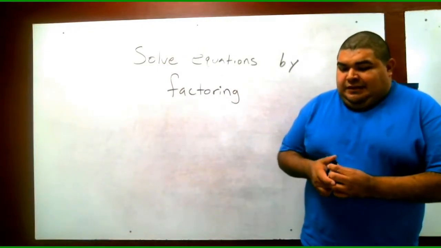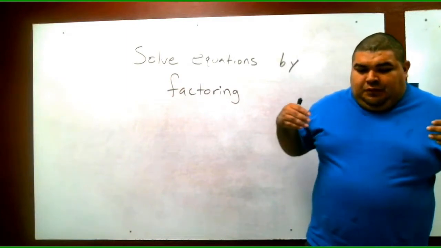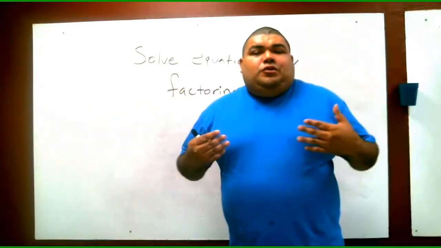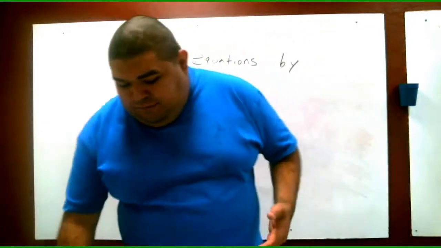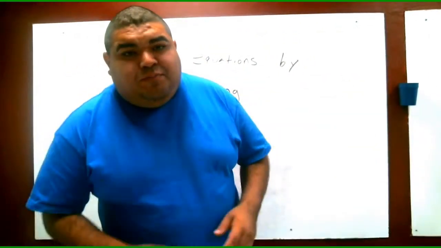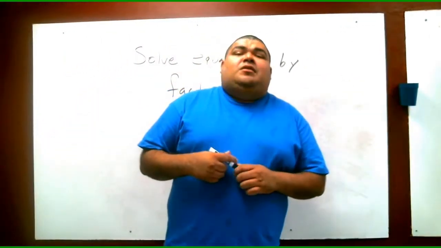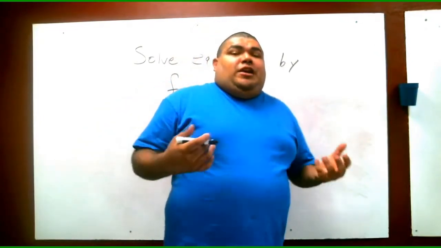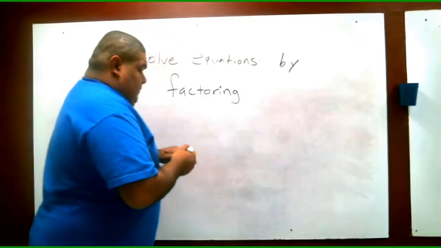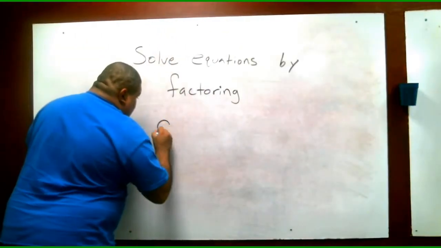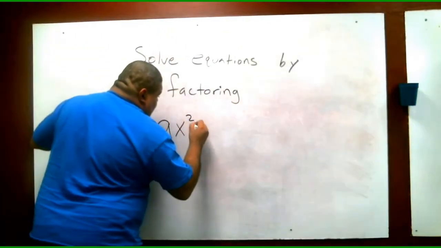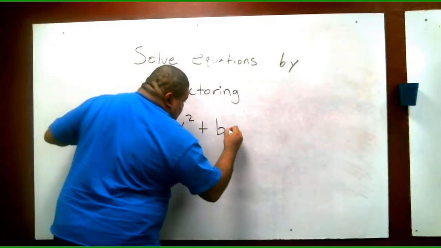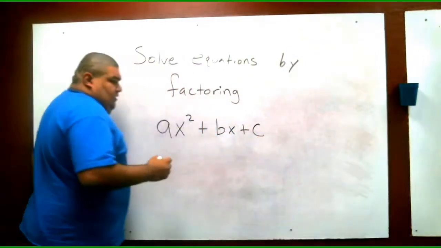What this means is we've seen quadratics before in this class. Okay, we haven't really broken them down as much. All you have to know is that usually quadratics are written as ax squared plus bx plus c, okay?